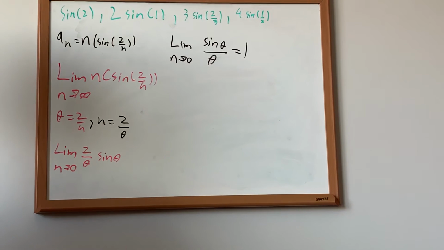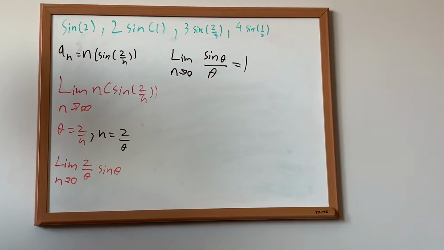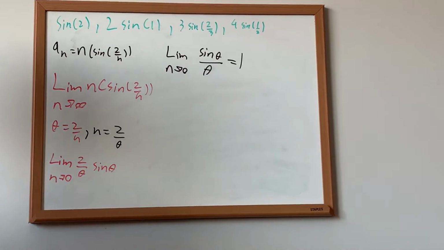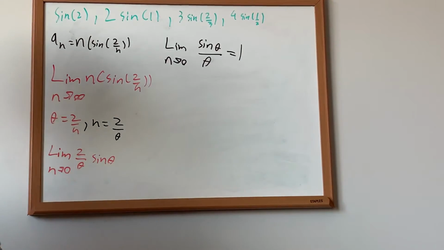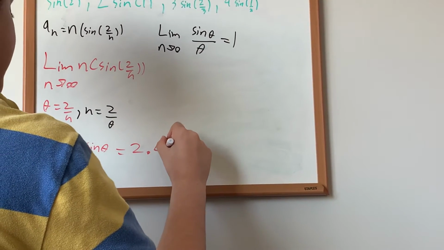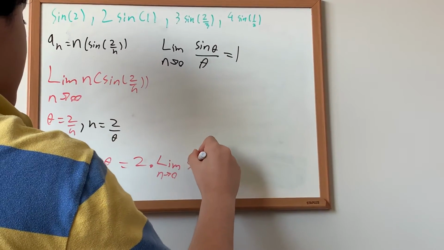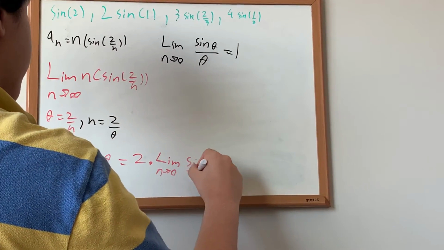Now, if we simplify this, we get 2 sine of theta over theta. Because 2 is a constant, we can take it out of the limit. So we can write this limit as 2 multiplied by the limit as theta approaches 0 of sine theta over theta.